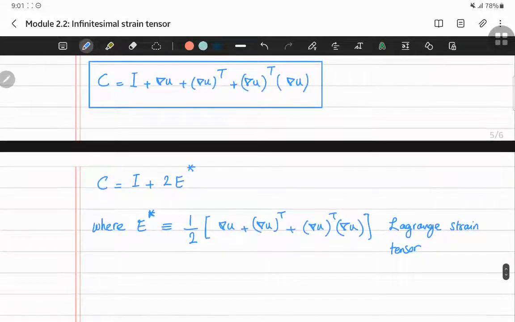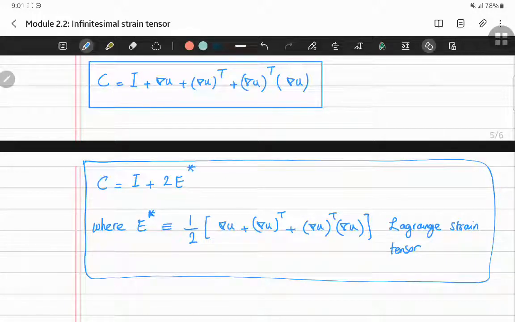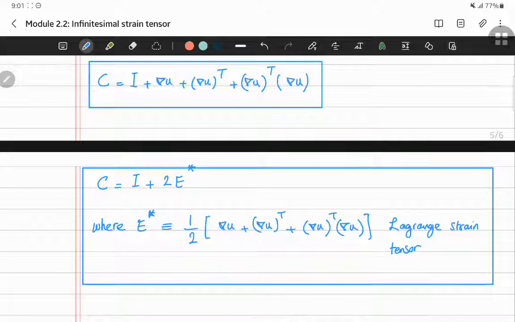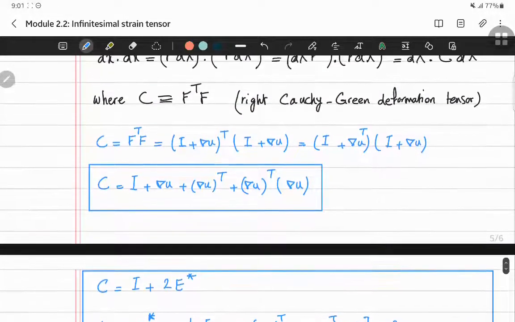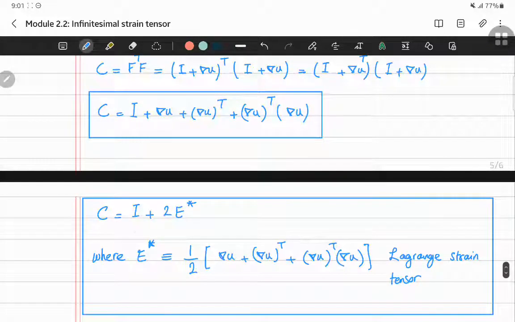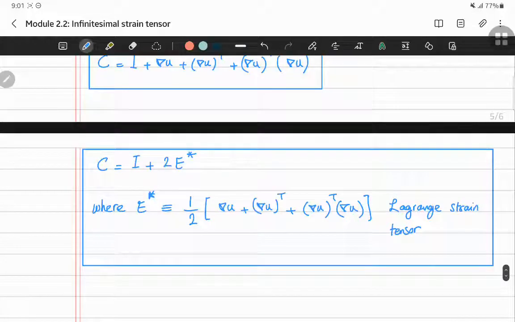What you see here is the complete strain tensor, or it's better to say a general strain tensor, which we call the Green strain tensor.